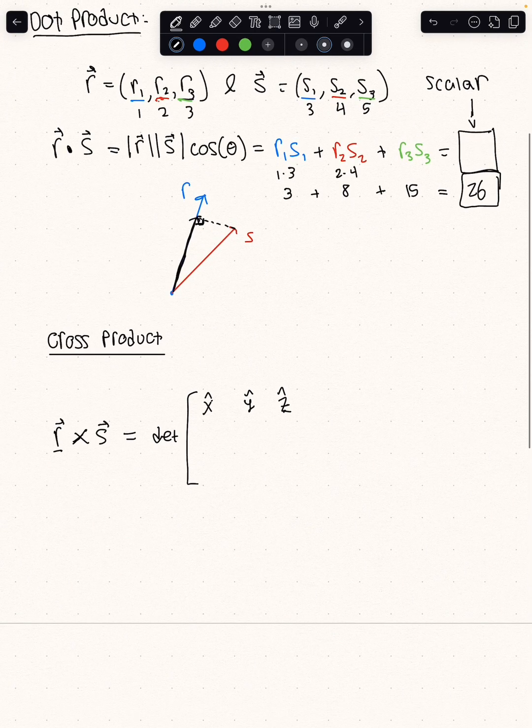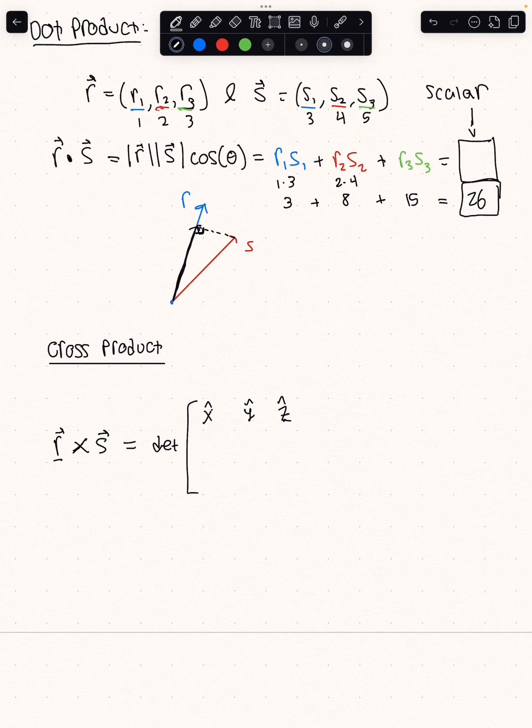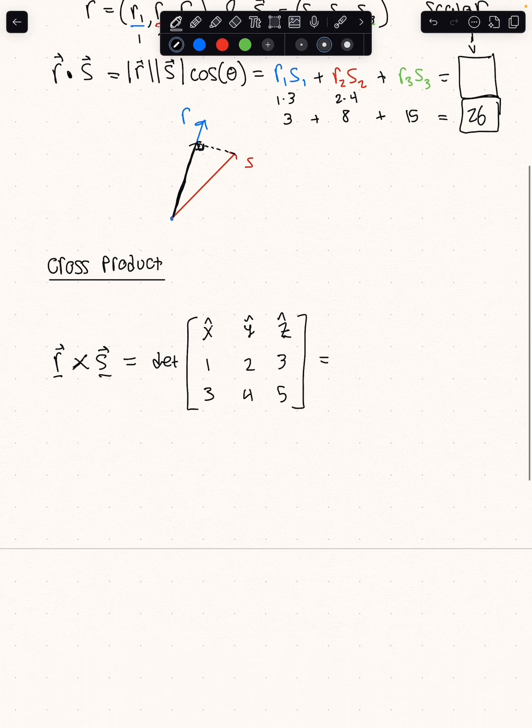So if we take R from above, this would be 1, 2, 3, and then S would go on the bottom, 3, 4, 5. This could also look like where the determinant is denoted as just a vertical line: x hat, y hat, z hat, 1, 2, 3, 3, 4, 5.